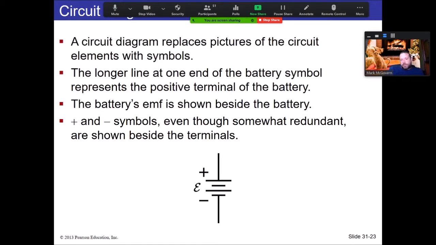Now, the EMF of the battery here, you can label this with the number of volts it is. The positive and negative terminals are labeled. However, you will notice that the picture sort of implies that because the longer line's on top.